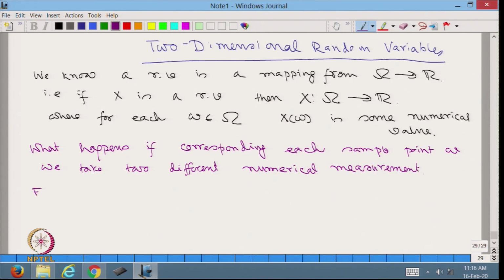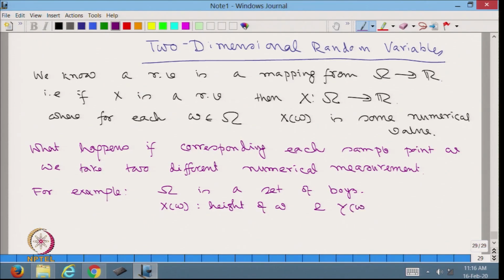For example, omega is a set of boys and x of omega is the height of omega and y of omega is equal to the weight of omega.